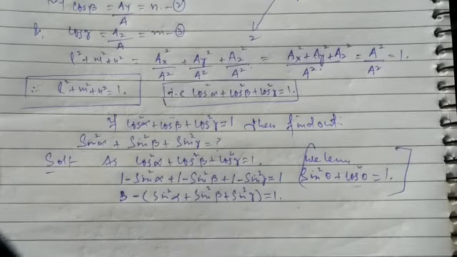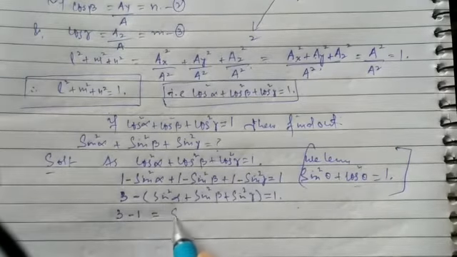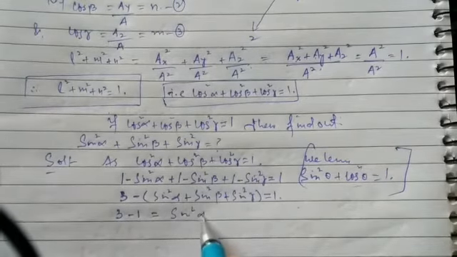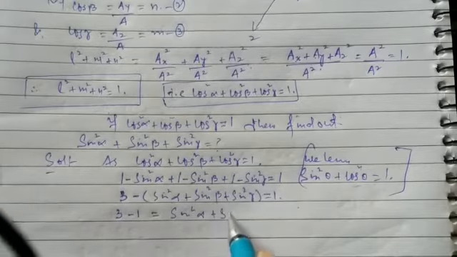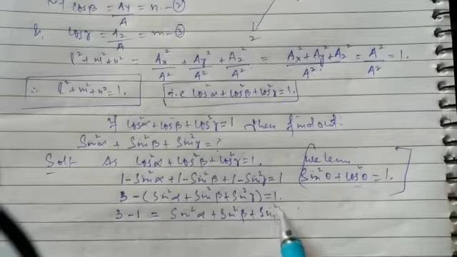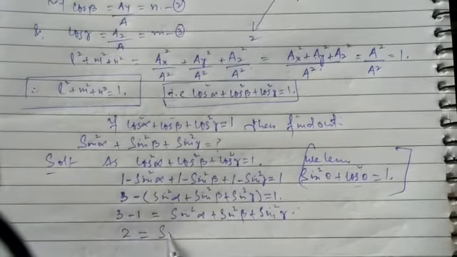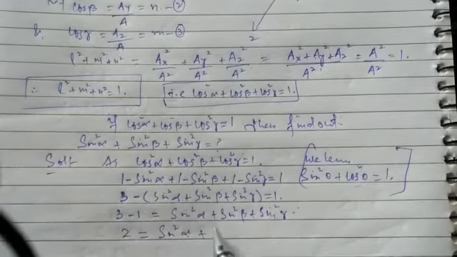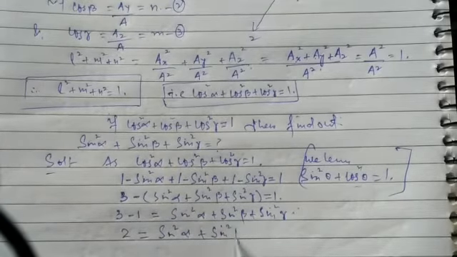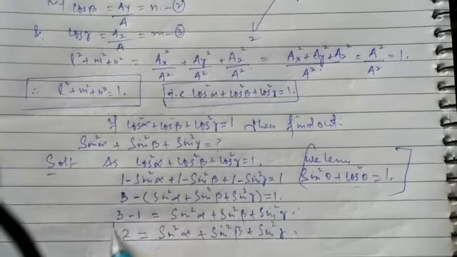Taking all the terms to the other side, they become positive, and it will be 3 minus 1 equals sin square alpha plus sin square beta plus sin square gamma, that is, 2 is equal to sin square alpha plus sin square beta plus sin square gamma.